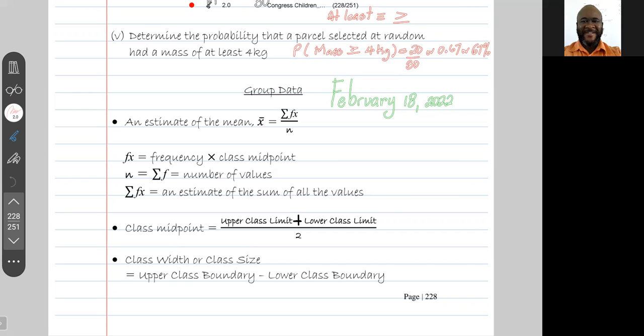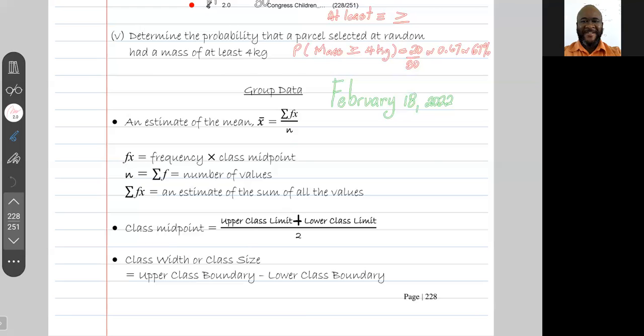Class midpoint is another new term, and when we get into the example, you'll see what we mean by class midpoint and how important it is. This is still true: n is equal to the sum of the frequency, and n is the number of values.